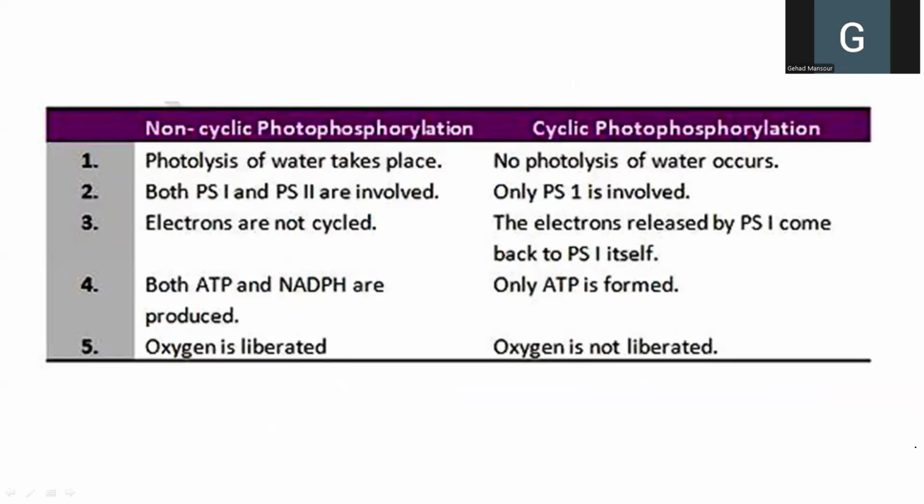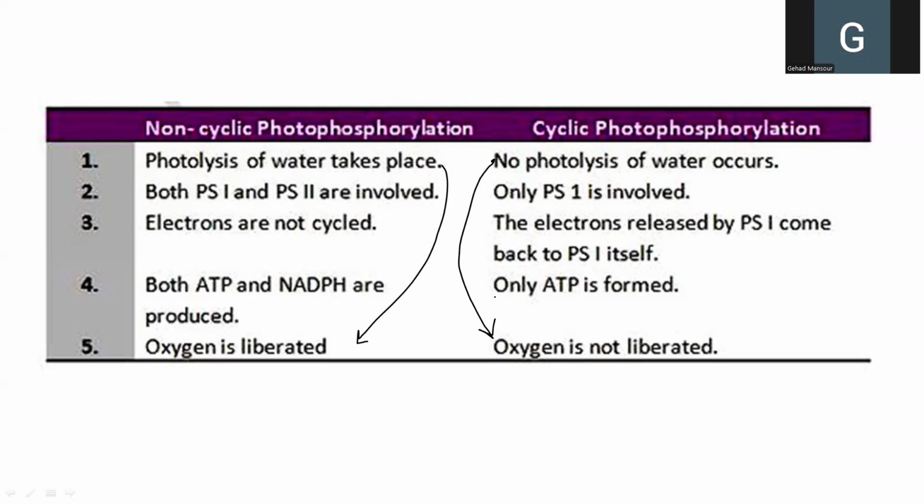In non-cyclic photophosphorylation, we always have photolysis, and if we have photolysis, this simply means that oxygen is liberated. But in cyclic photophosphorylation, no photolysis of water occurs, so there is no oxygen liberated.